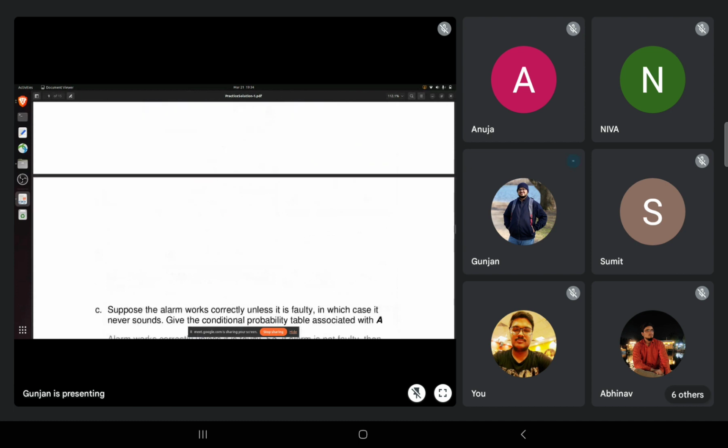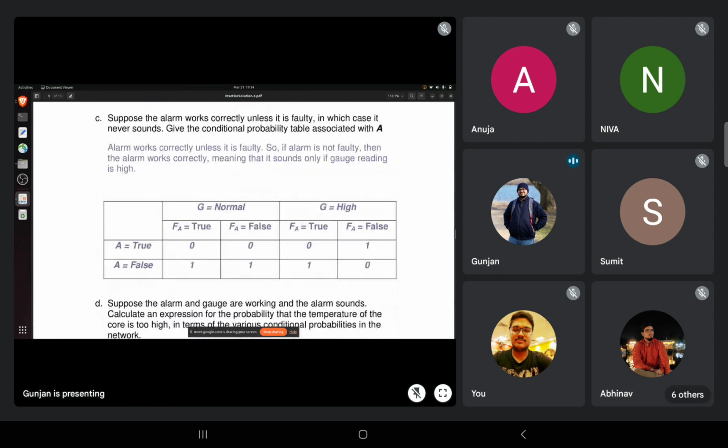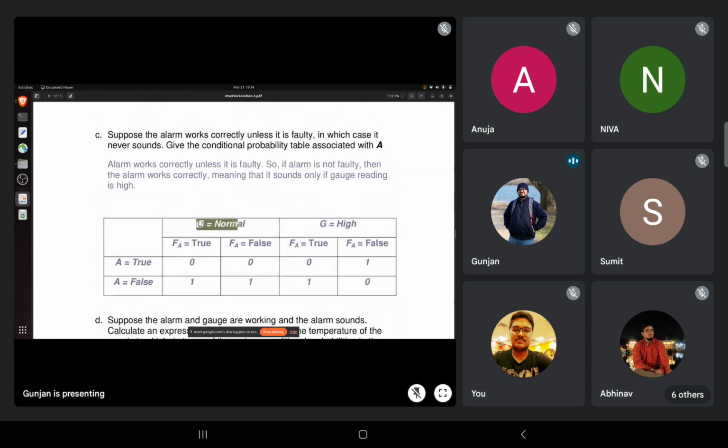Okay. So here you are given that the gauge is normal. That means it is in the standard operating conditions, right? And if FA is true, and FA is false, that is not a problem.